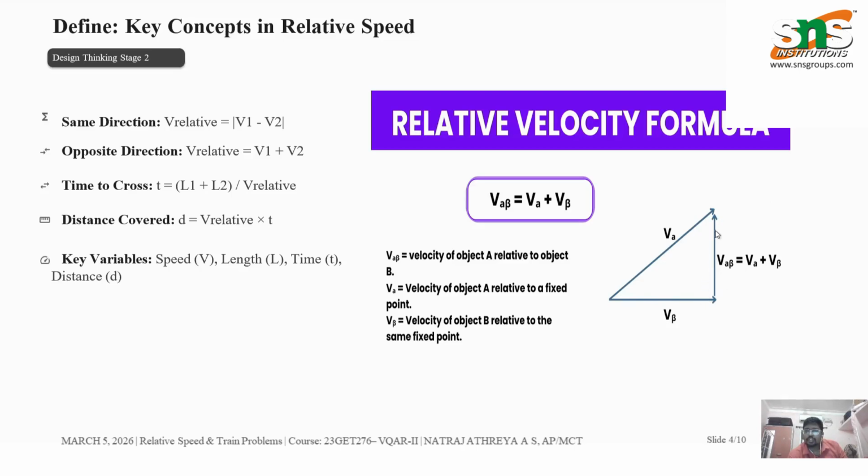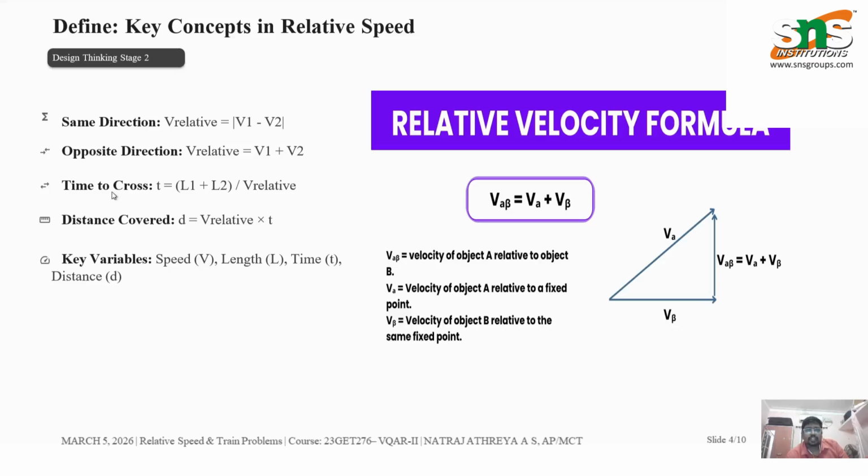So the relative velocity is the sum of these two, or better said, the algebraic sum of these two. If both bodies are traveling in the same direction, then v relative is the modulus of the difference between v1 and v2. If they are in opposite directions to each other, then we sum them.